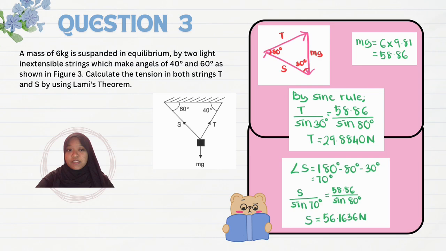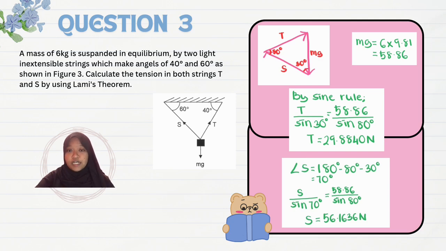So first, we want to find the tension of string C. Using the sine rule, we substitute the value. C over sine 30 equal to 58.86 over sine 18. So we got C equal to 29.8840 Newton. Next, we want to find the tension of S. First we want to find the angle of S. So 180 minus 18 minus 30, we got 70 degrees.